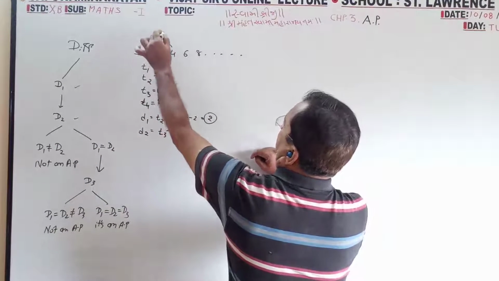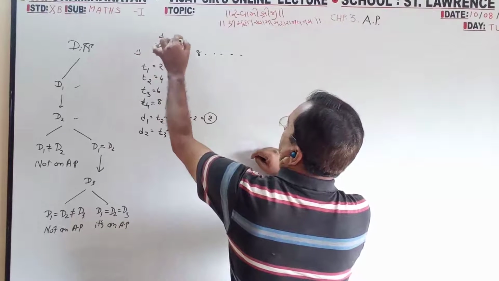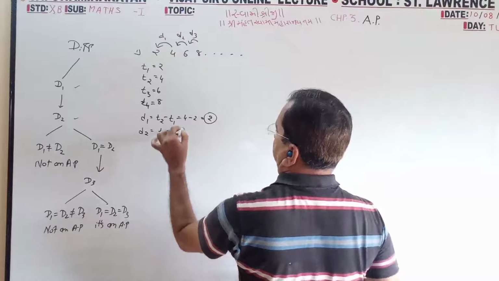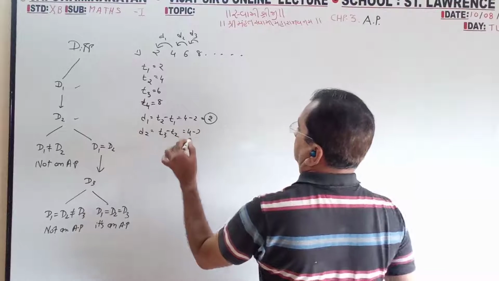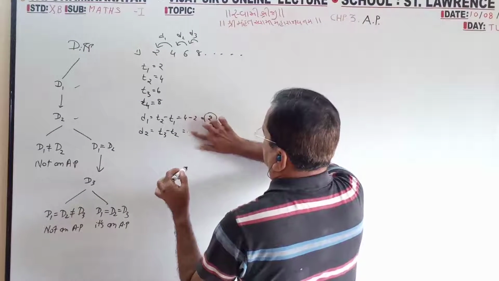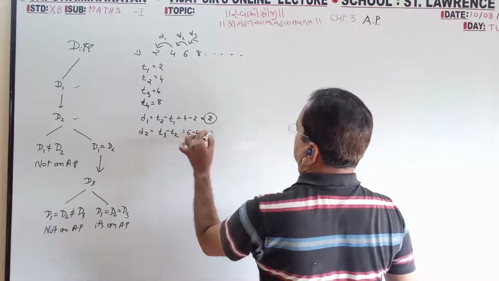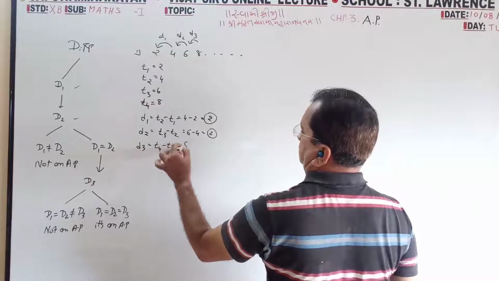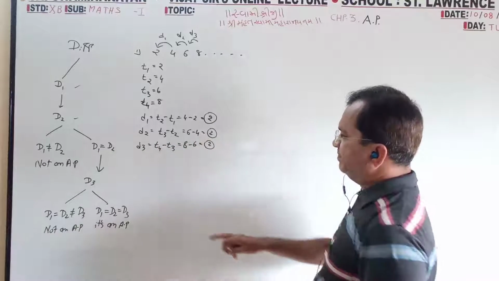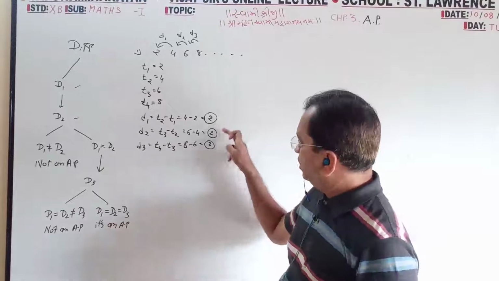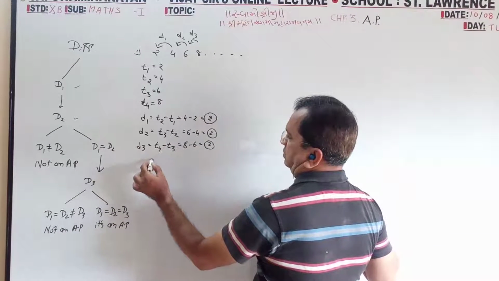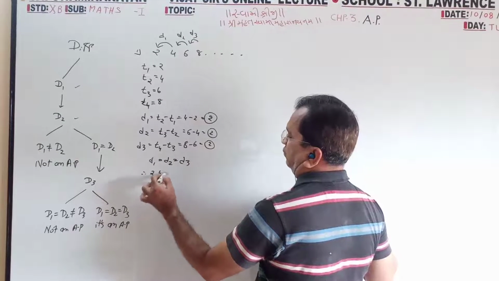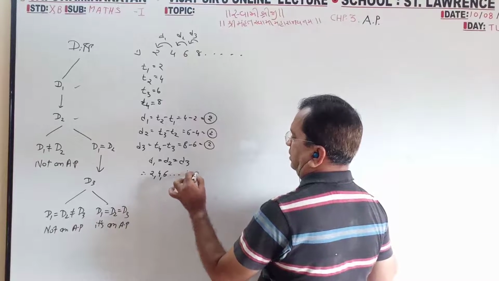This minus this is D1, this minus this is D2, this minus this is D3. Here we got 2, 2, 2. So D1 is equal to D2 is equal to D3. So 2, 4, 6, 8 is an AP.